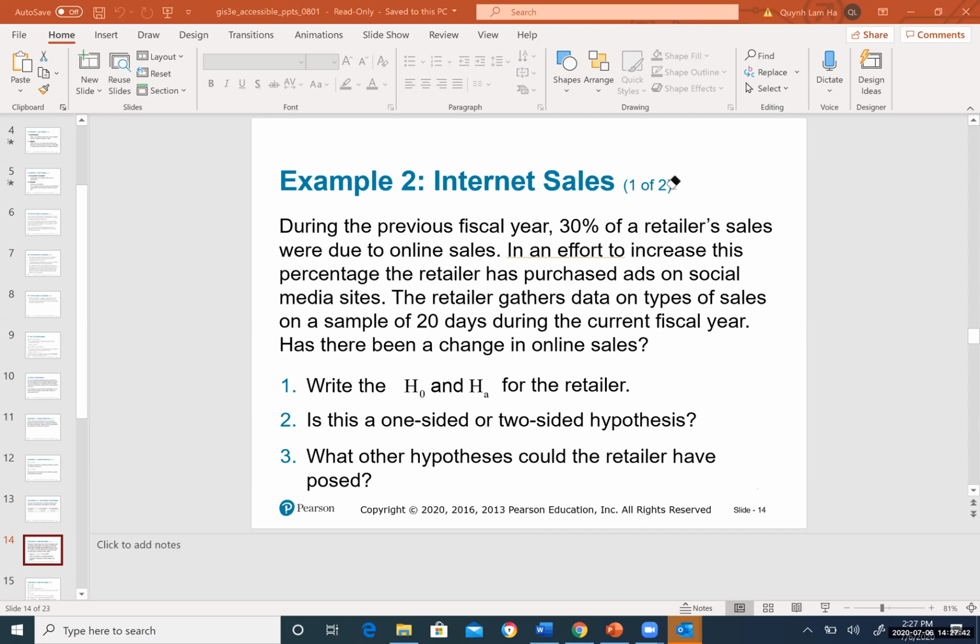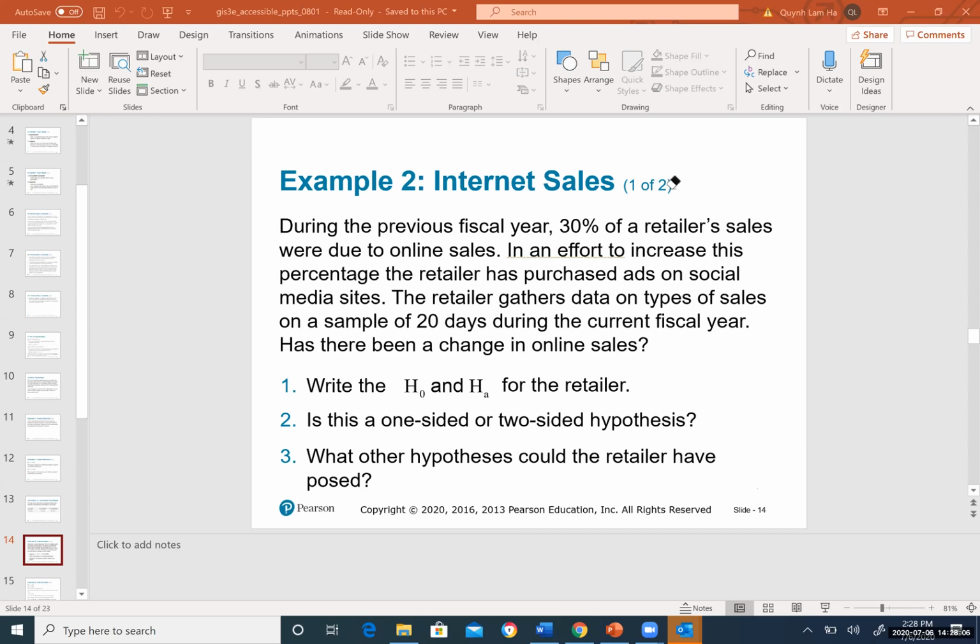And HA will use the word increase. They're talking about the right tail, which means HA colon p greater than 0.3. And I repeat one more time, H naught colon p equals 0.3, right? Writing in decimal form is better.